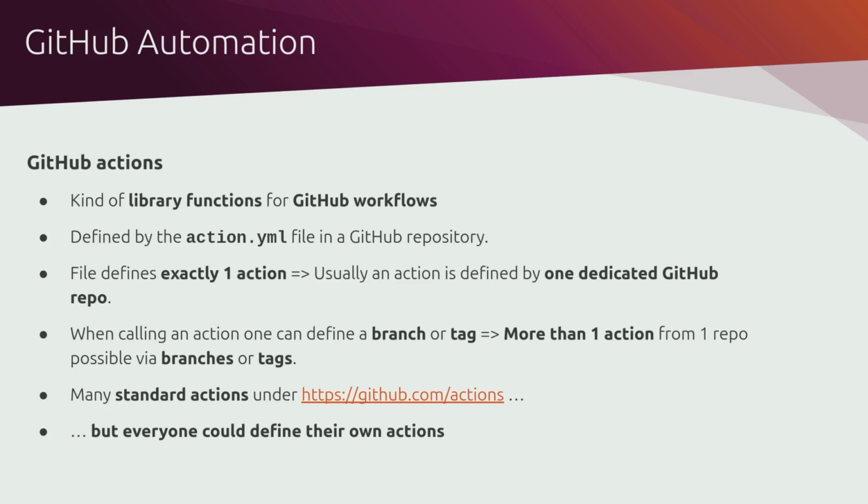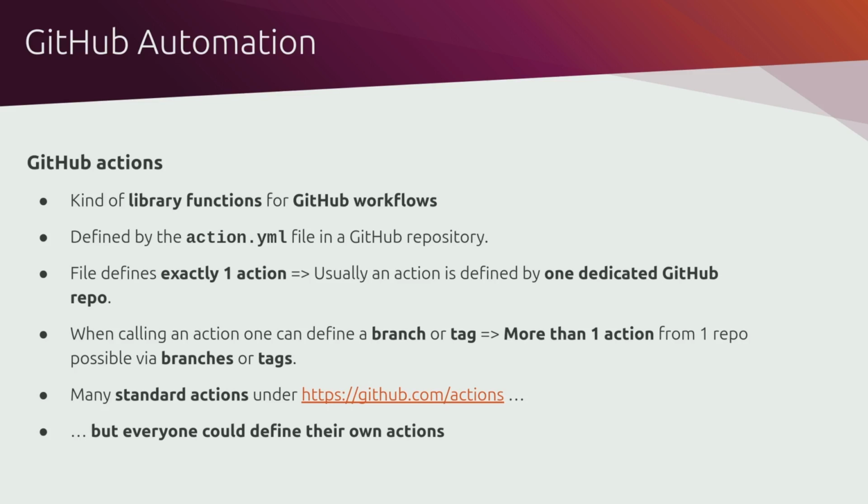This action.yaml looks a little bit similar to the workflow YAML file, and it defines what has to be done when the GitHub action is called, for example, which programs in this repository need to be called and with which parameters. A repository can usually have only one single action because there's only one name, action.yaml. So for each action we need an extra repository.